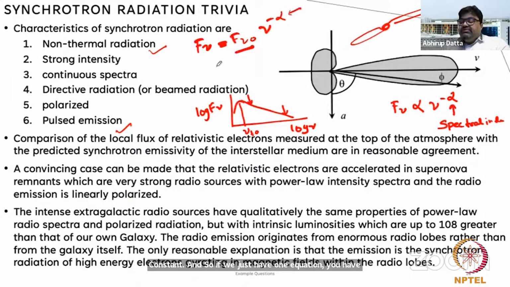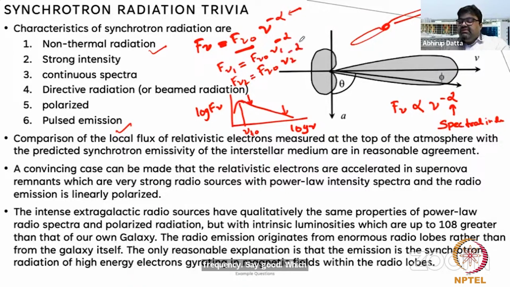So typically we have 2 frequencies of measurement. We write F_nu1 equal to F_nu0 nu1 to the power minus alpha, and another frequency, F_nu2 equal to F_nu0 nu2 to the power minus alpha.